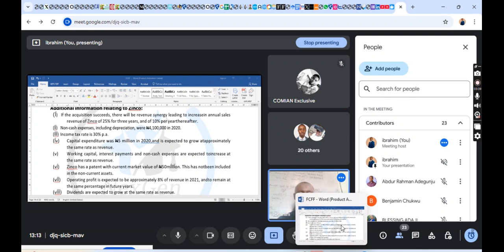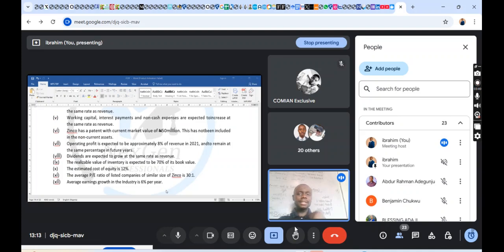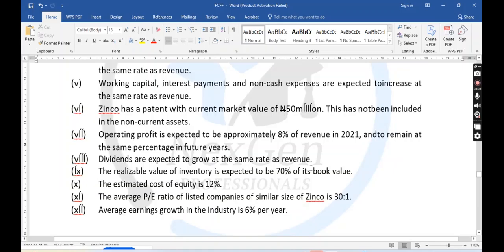Now, dividend. Dividends are expected to grow at the same rate as revenue. Don't forget, the revenue will increase by 25% and I think 5% thereafter.